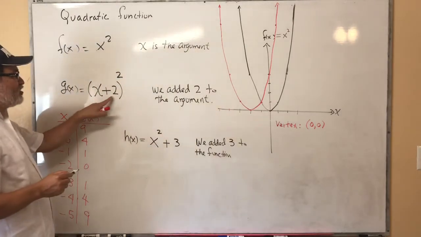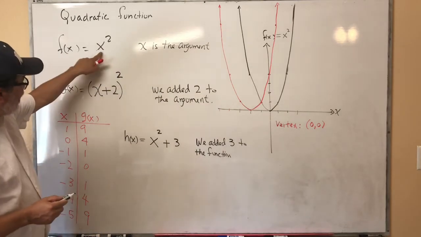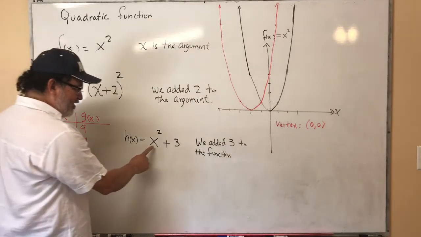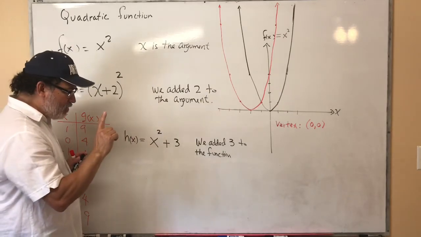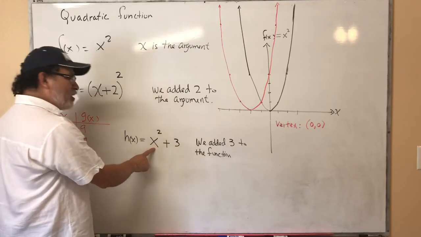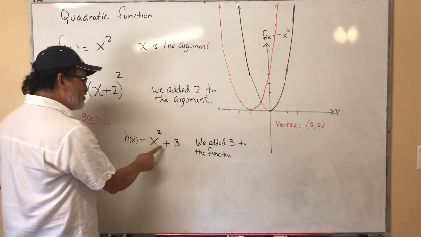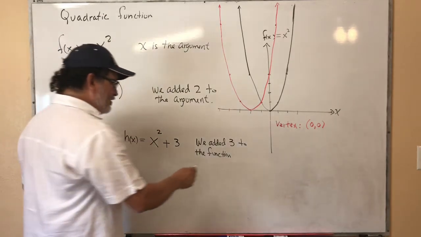Here we added 2 to the argument because we did it to this x, and now this new argument is being squared. But here, x plus 3 is not being squared, no. This 3 is added to x squared, different. So here, this 3 is being added to the function f of x. This is f of x. That's why.